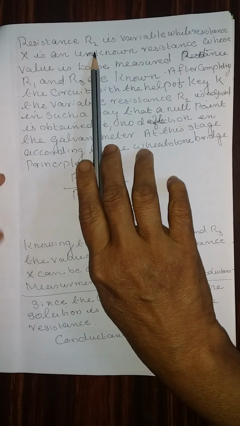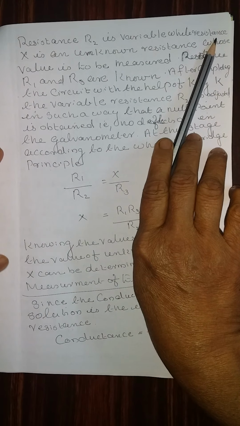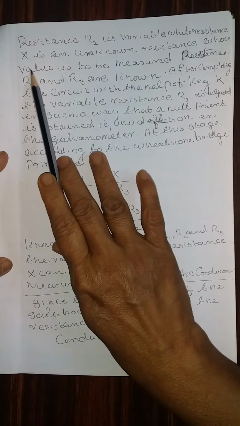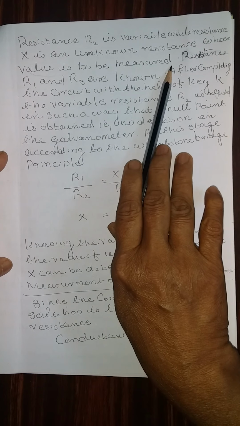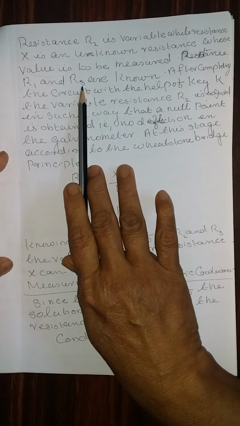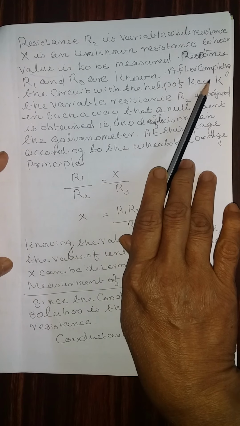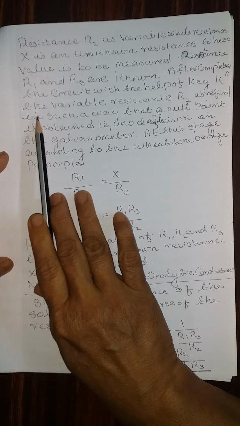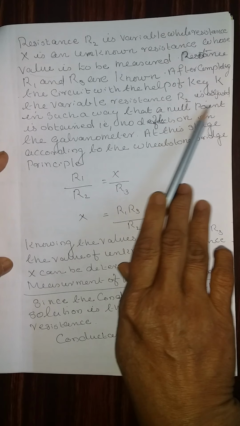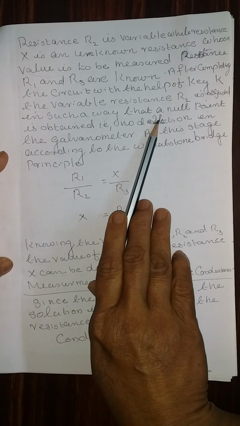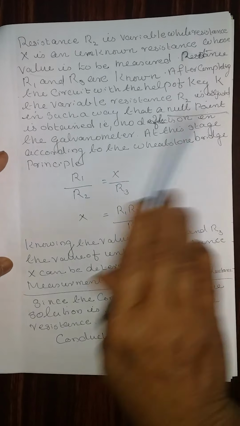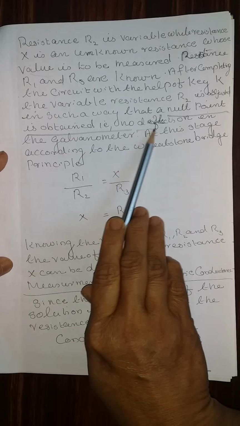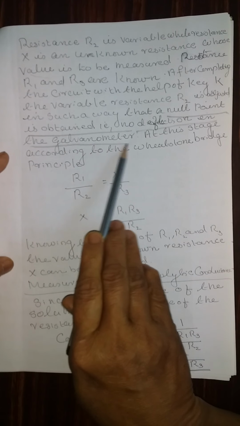The resistance R2 is variable, while the resistance X is the unknown resistance whose value is to be measured. Resistances R1 and R3 are known. After completing the circuit with the help of the key K, the variable resistance R2 is adjusted in such a way that a null point is obtained, that is, no deflection in the galvanometer.